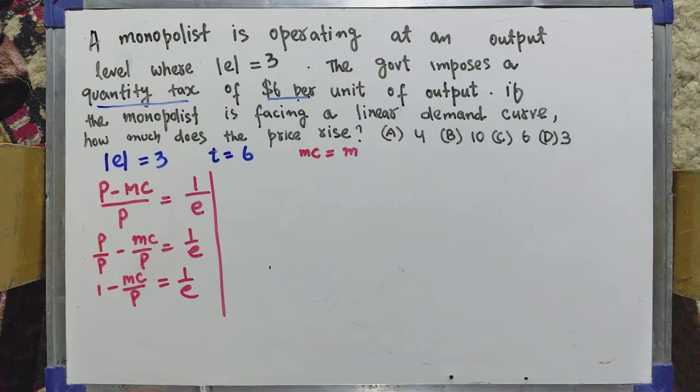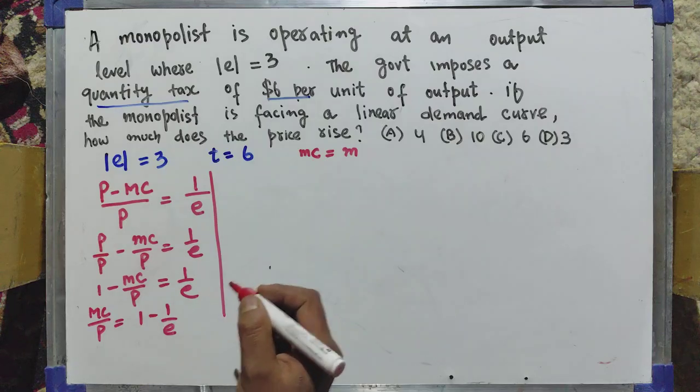So can I write it in this fashion? Marginal cost upon price is equal to, transposing it here, 1 minus 1 upon E.